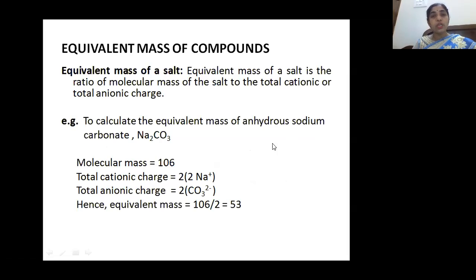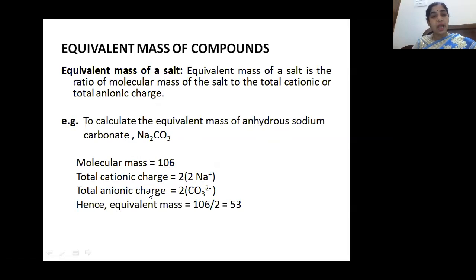Let us pass on to equivalent mass of a salt. Equivalent mass of a salt is the ratio of molecular mass of the salt to the total cationic or total anionic charge. Let's look into the example. To calculate the equivalent mass of anhydrous sodium carbonate, that is Na2CO3, we know its molecular mass is 106. If you consider its cationic charge, it has 2 sodium atoms, 2 Na+, and sodium is carrying +1 charge, so it has 2 cationic charge.